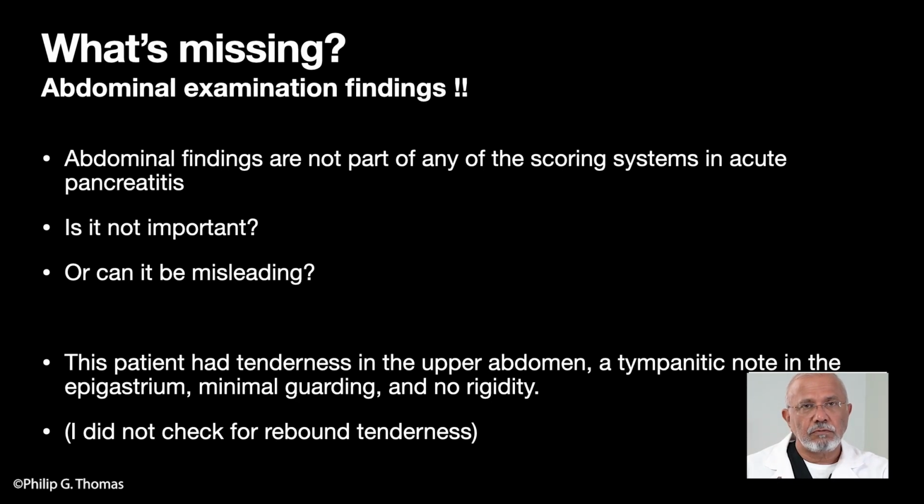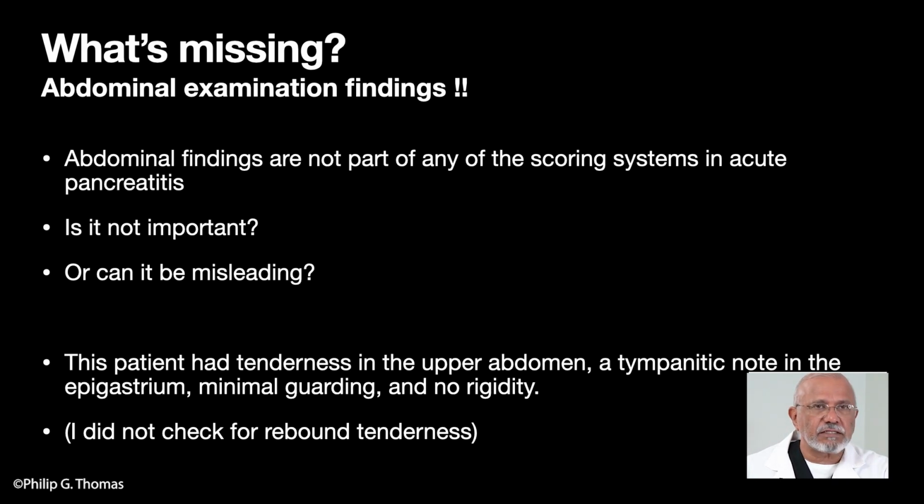Now, I knew that I had a disconnect between what the radiologist had reported as acute necrotizing pancreatitis and the clinical severity assessment at the bedside. I haven't told you anything about the abdominal examination of this patient. Abdominal examination is not part of the scoring system for severity assessment. Is it not important? Or could it be misleading? Well, those are the points which we need to think about.